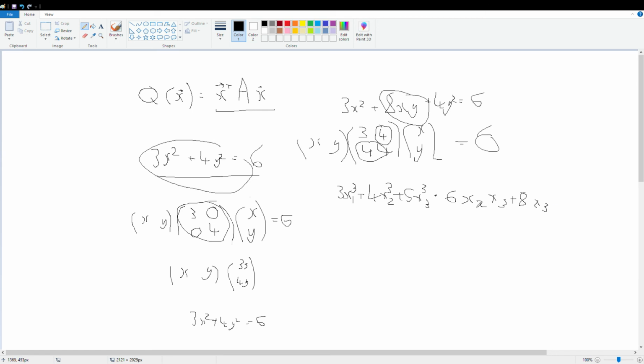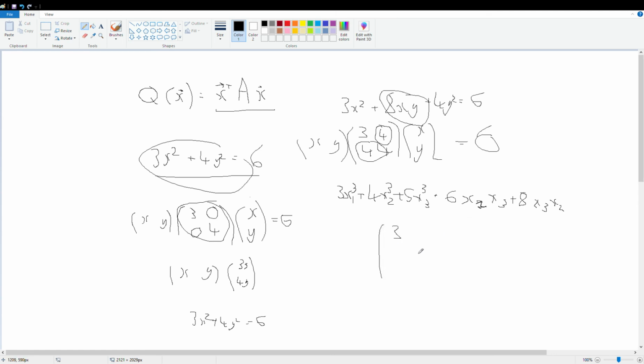Actually, let's do 6 x1 x3 there, and 6 x2 x3. There we go. That's better. That's a more sensible order.